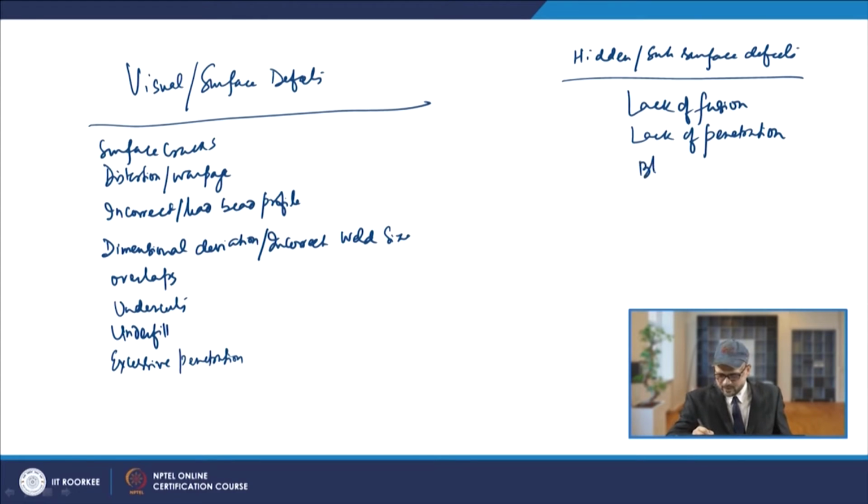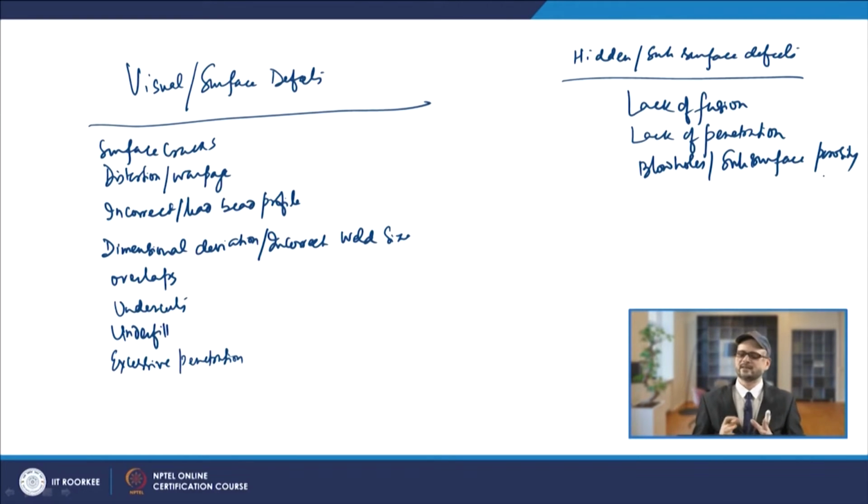You have blowholes or subsurface porosity, porosities which are below the surface. Basically, these give you problems in that you need another means to see them, so that is hidden.